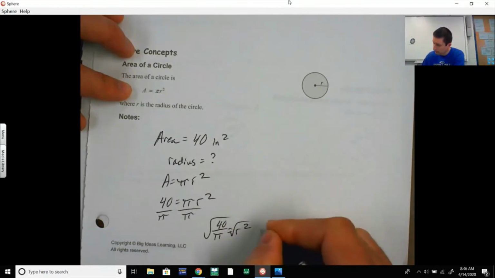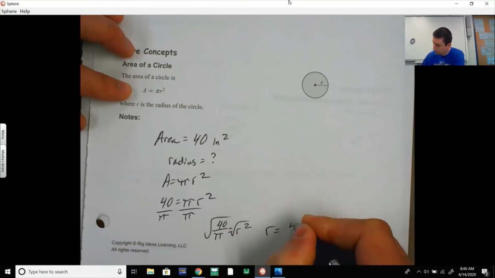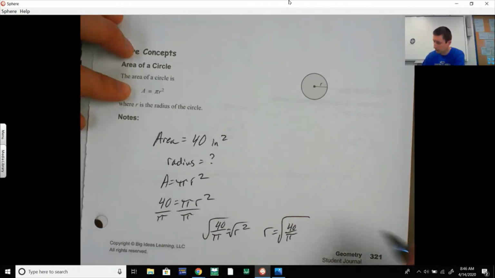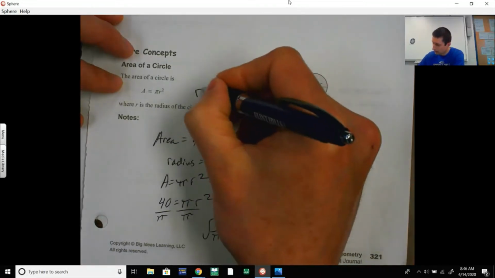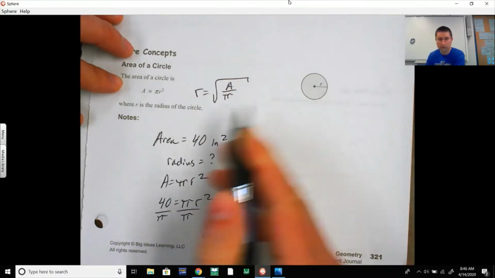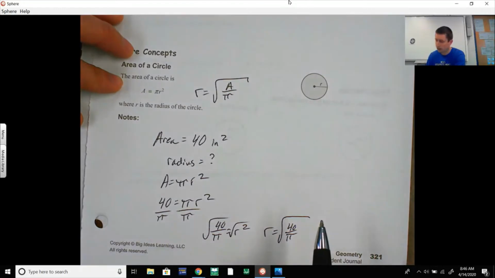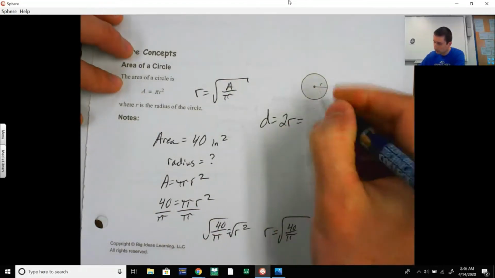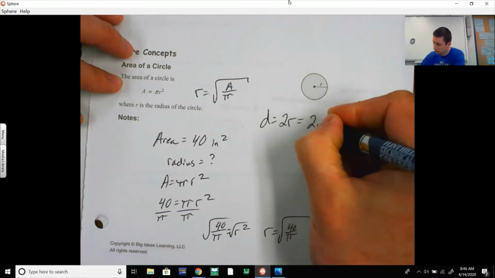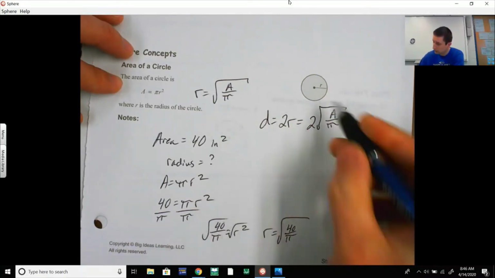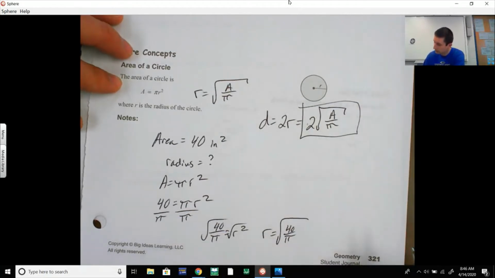So your radius equals the square root of 40 over pi. So you can get a formula for that: your radius is going to be the square root of your area over pi. Your diameter is 2 times your radius, which would be 2 times the square root of the area over pi. So if you ever want the diameter, you can use this formula.